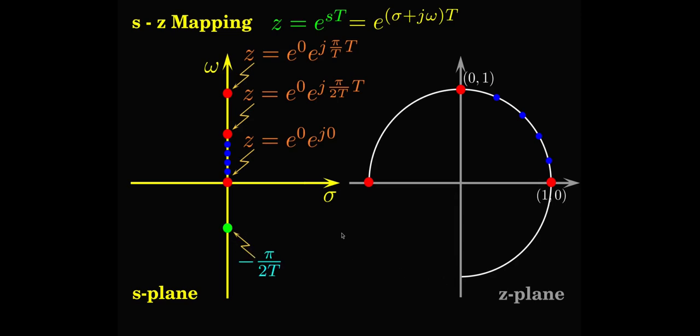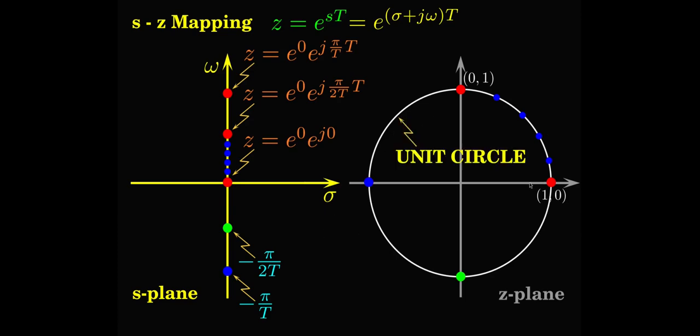So that will reflect as this point here. And this point here, minus pi by t, will be the point here. And all the points from here to here, sigma is still 0, will lie on the unit circle.